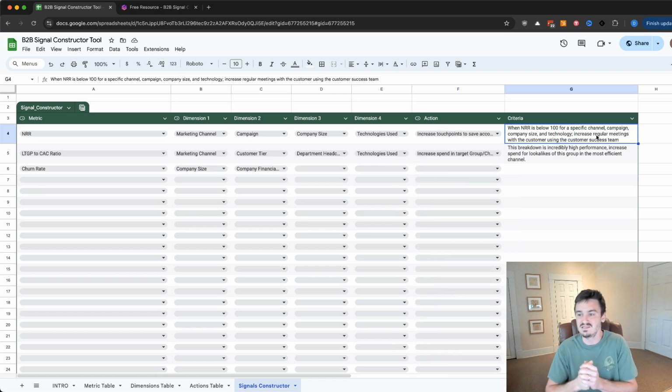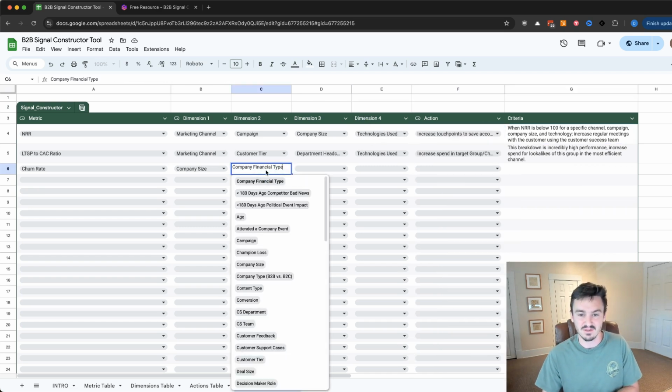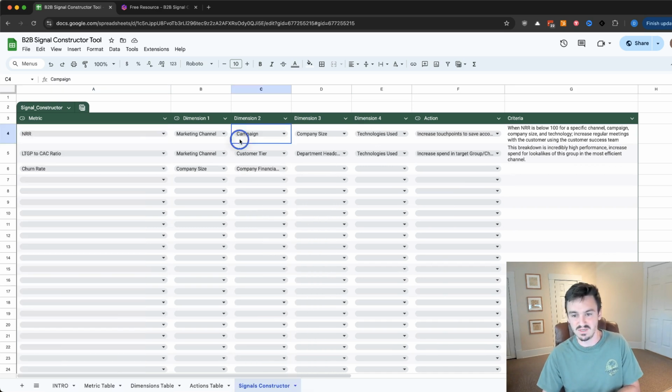And so if we see that a category of company sizes coming from a specific channel and campaign, using HubSpot compared to Salesforce, using Google Analytics compared to something custom, then we can have this action here. Now, obviously, NRR is an aggregate metric, so you'd be able to see a trend here broken down. So you would need something more specific to choose an account out of that.